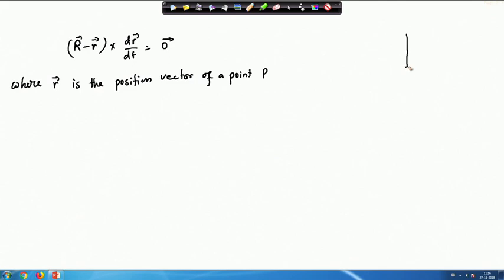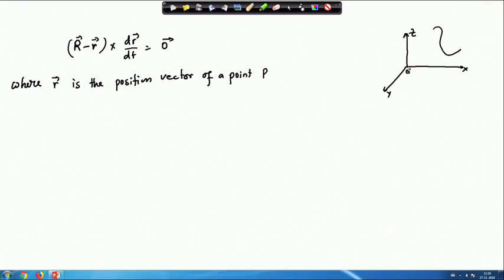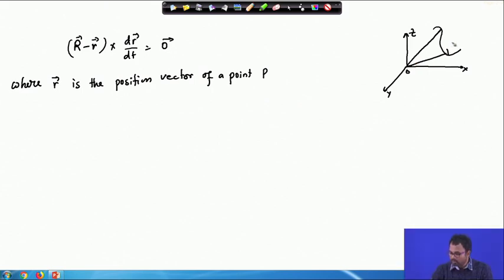So if we have a curve, let's say in 3-dimensional geometry, this is x-axis, this is our y-axis, this is z-axis, that's origin. So if we have a curve like this, let's say this is my point P and this is my point Q, and the position vector of the point P is r.